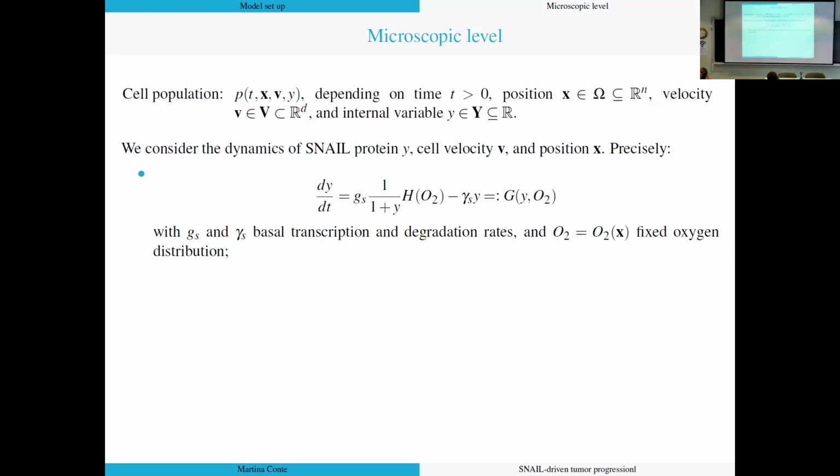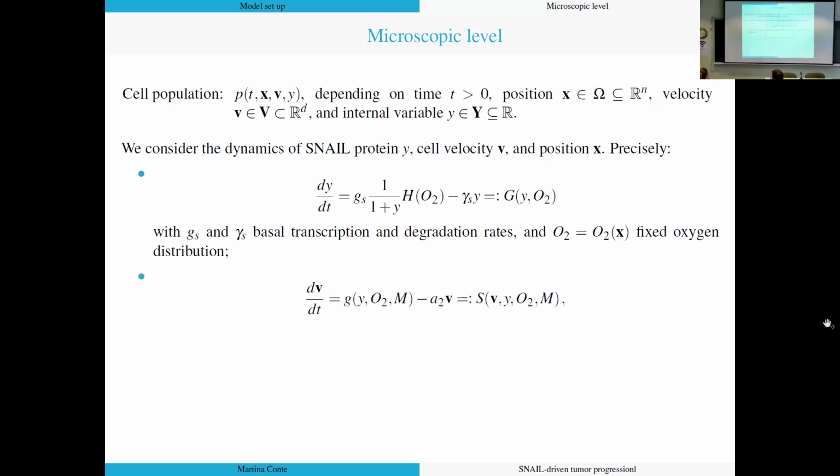As a remark, for this study the oxygen is fixed in time. So we have a fixed distribution of oxygen, and we want to see how cells respond to it. But as a next step, we are thinking about extending this to a varying oxygen, which is much more realistic. So we have our production part and degradation part.